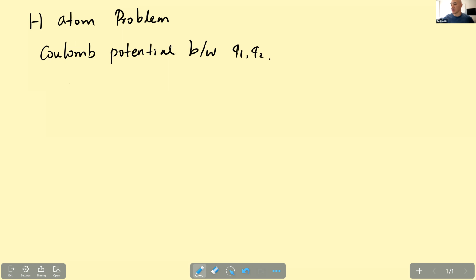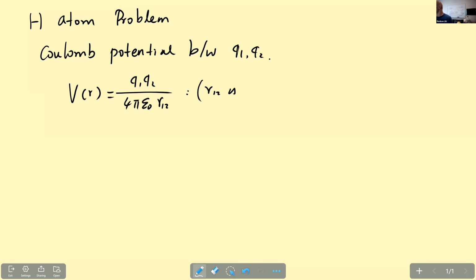Okay, and then the potential, of course, is just Q1 Q2 over 4 pi epsilon 0 r_12, where r_12 is the distance, right? Okay. So this one actually can be reduced to the central force problem.